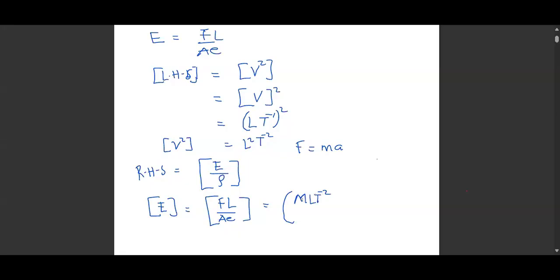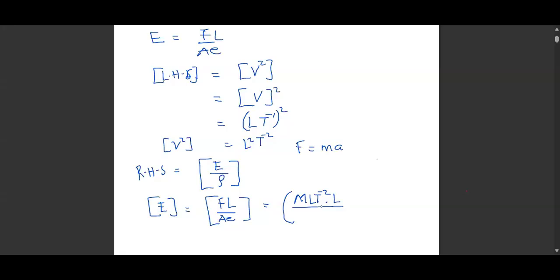Force is mass times acceleration. Mass is M, that is its dimension. Then acceleration is meters per second squared, meters is capital L, then per second squared is going to be T power negative 2.